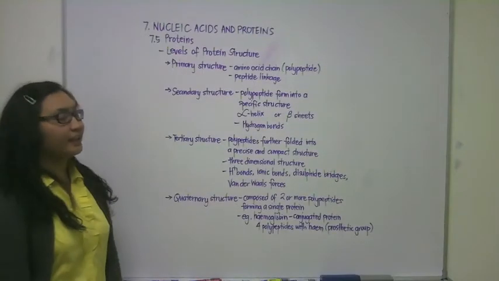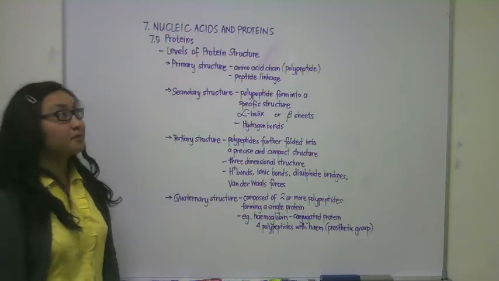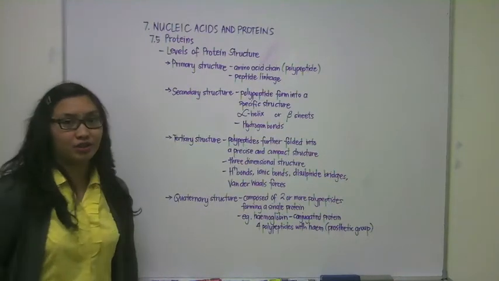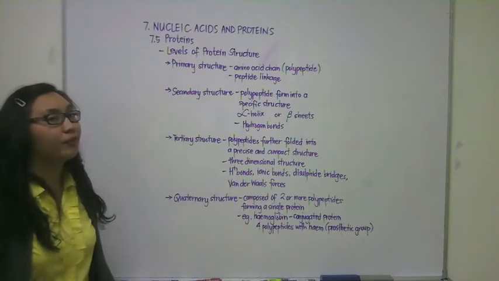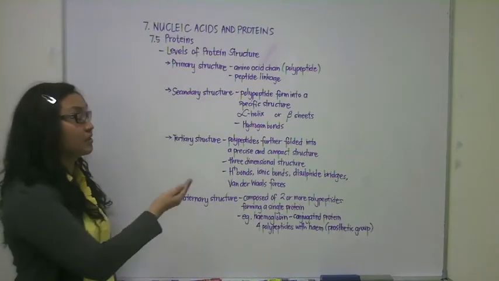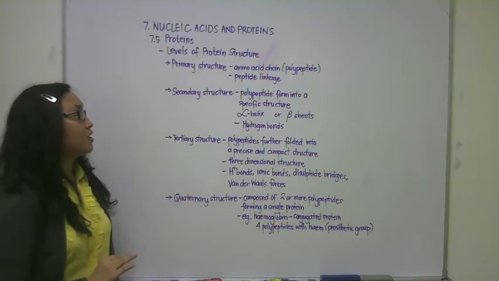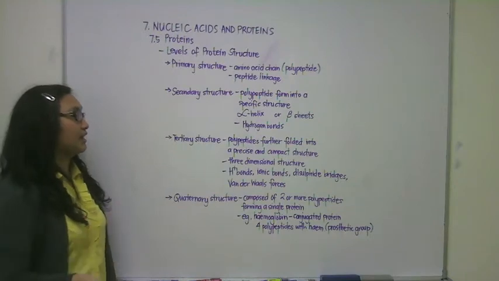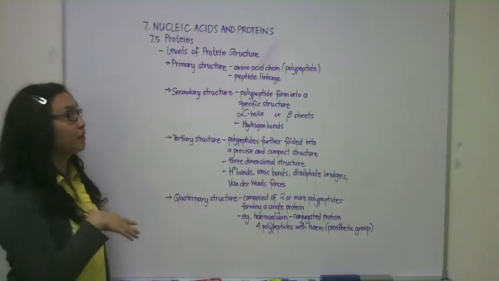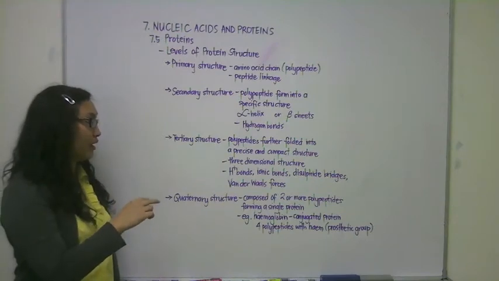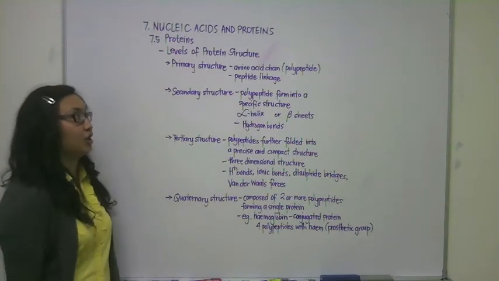The next area to be discussed under the subtopic proteins is the levels of protein structure. It's going to be helpful for students if we provide diagrams for each level of the protein structure. We can start by saying that there are four levels of protein structure, namely primary, secondary, tertiary, and quaternary structure.